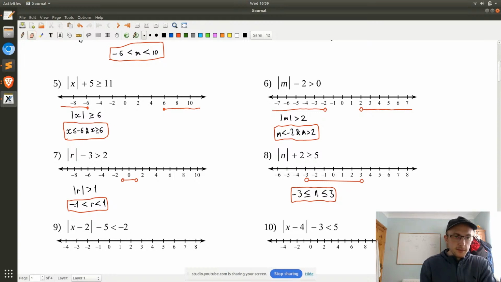Next, the absolute value of r is greater than 1. Think about it logically. Of course, 2 would be included. And of course, -2 would be included.